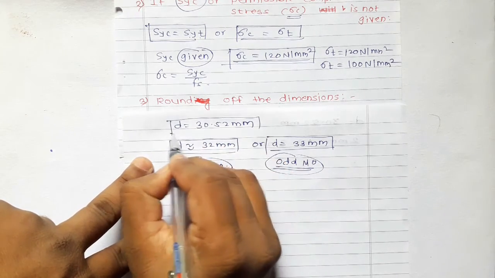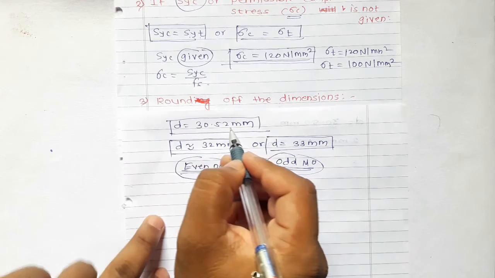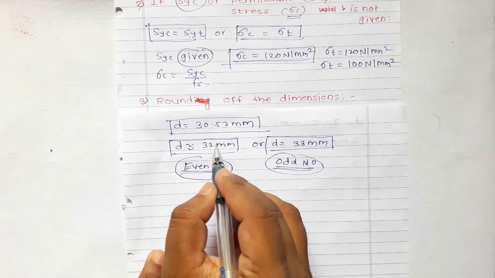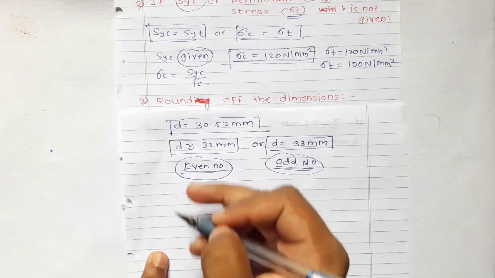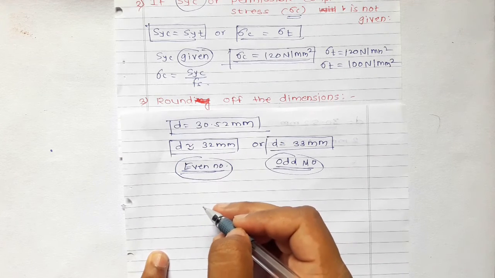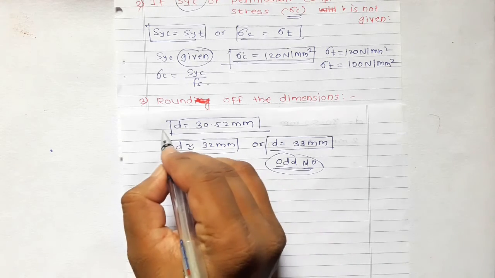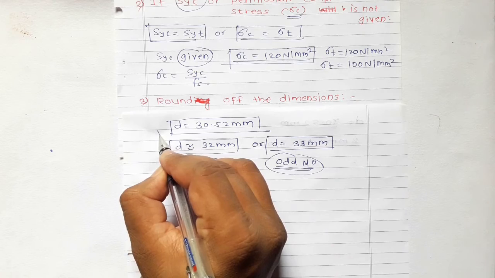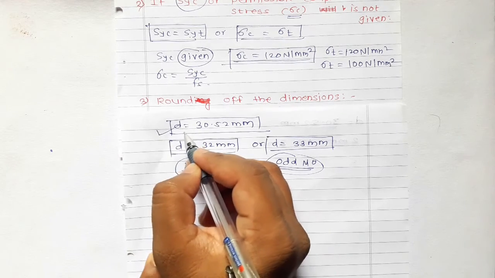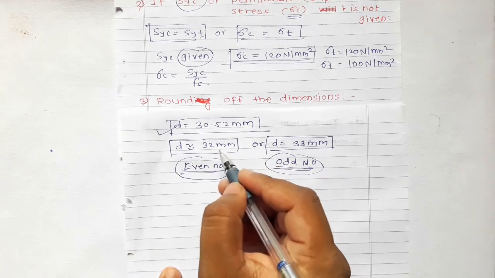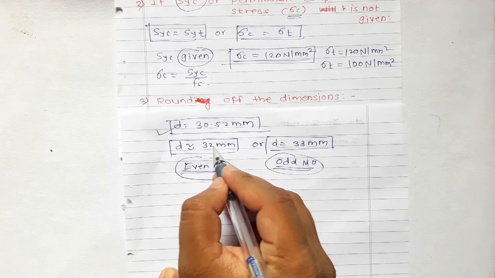Depending on your rounded off value, the further answers will change a little bit, but that will not affect that much, because the examiner will consider the calculated answer of your dimensions, and can understand that there may be some change because of this rounding up process.